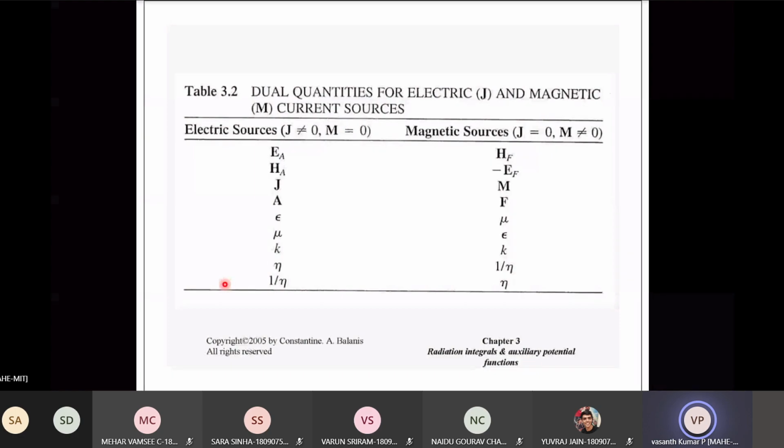You can use this duality table, whatever conversions are given, to arrive at the dual equation. In case you forget to derive in one form, you can derive from the other form.